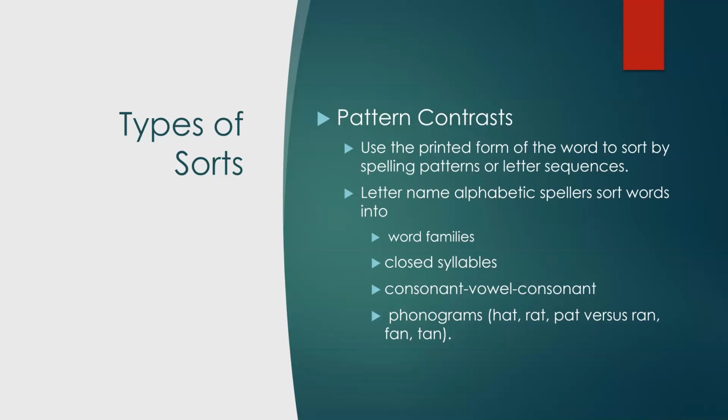Letter name alphabetic spellers sort words into word families. A lot of times we'll just sort them like all the AN words, all the IG words, all the ET words, whatever our little word families are that we're doing. They can sort by closed syllables, which is consonant, vowel, consonant, and phonograms, such as hat, rat, pat, versus ran, fan, tan.